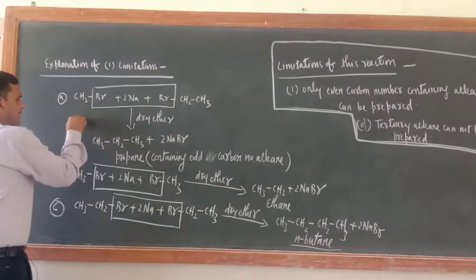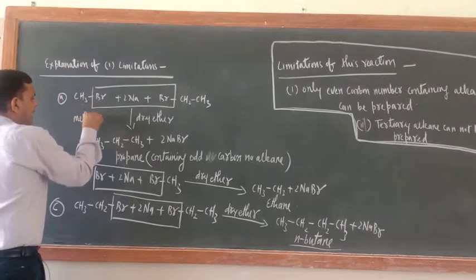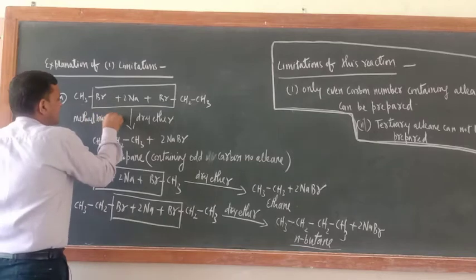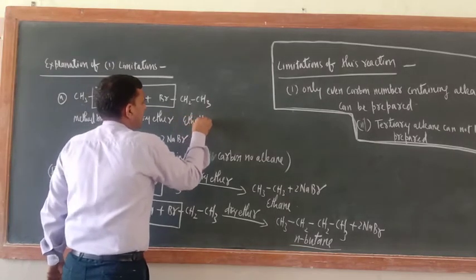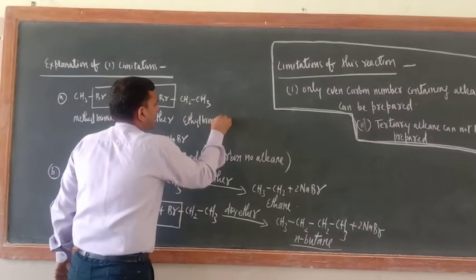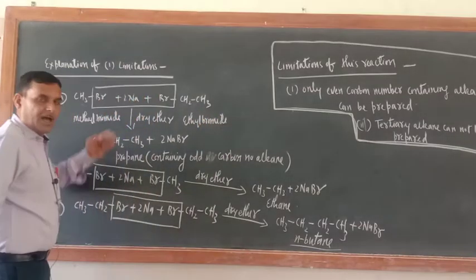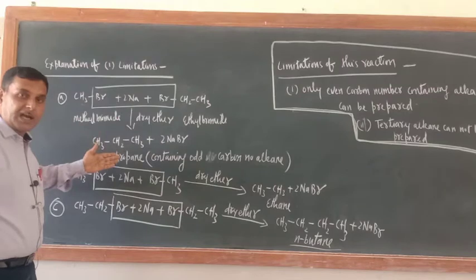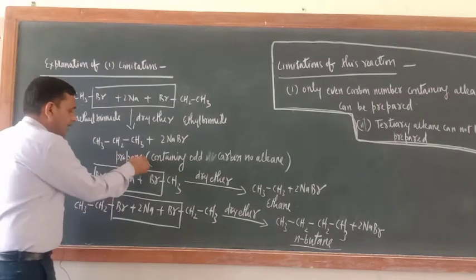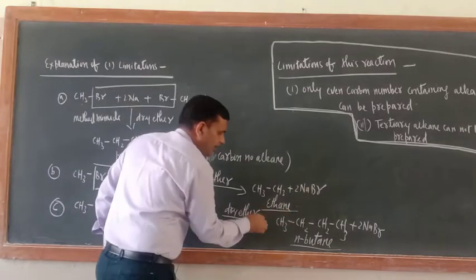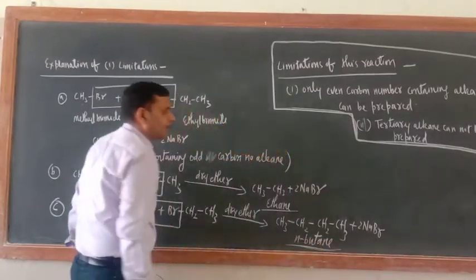So just see, for the preparation of an odd number alkane, you have to take different alkyl halides. This is methyl bromide, similarly this is ethyl bromide. Because of taking different alkyl halides, you are not getting only one alkane. You are getting propane, you are getting ethane, you are getting n-butane.